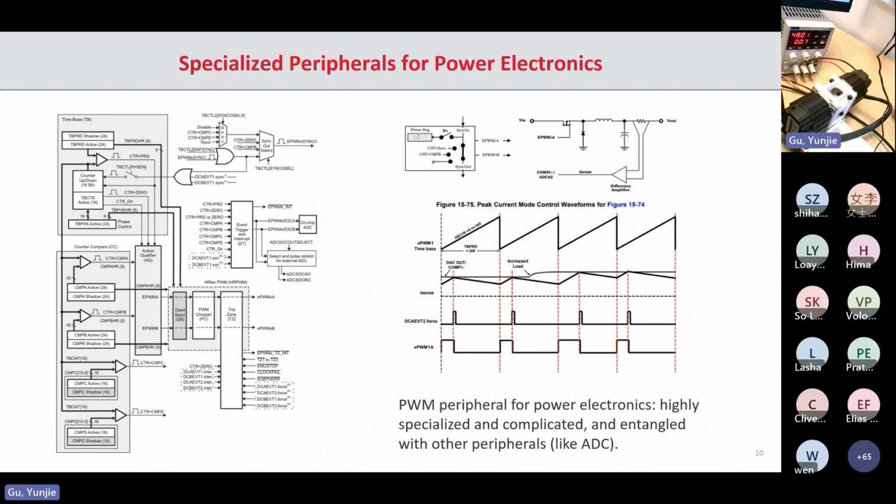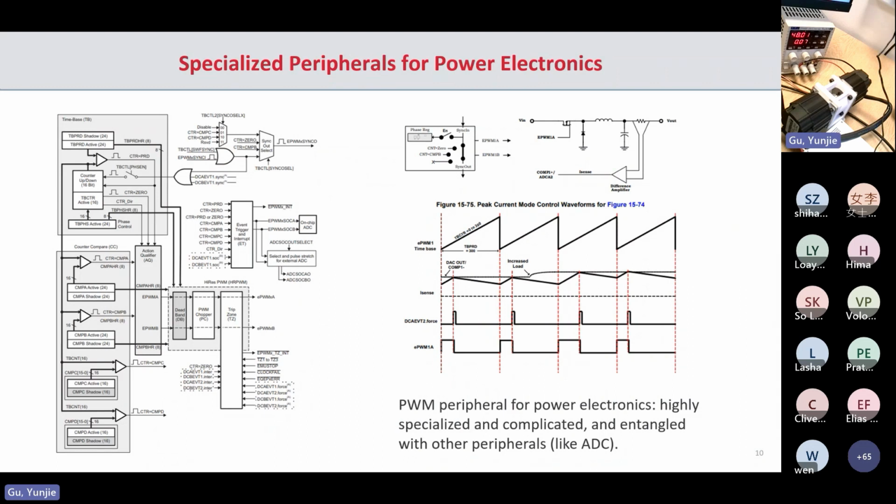And this peripheral is designed to realize some specialized control functions for power electronics. For example, in this picture, we show what we call peak current mode control. The idea is to turn on the transistor until the current reaches some peak value, and then turn it off.